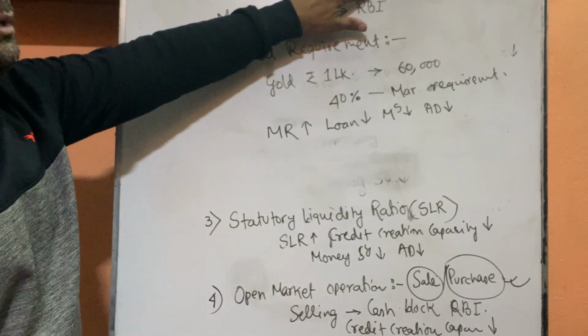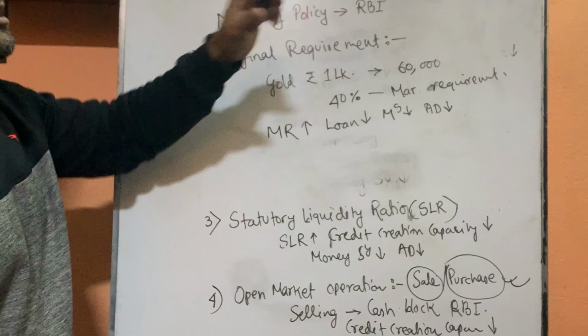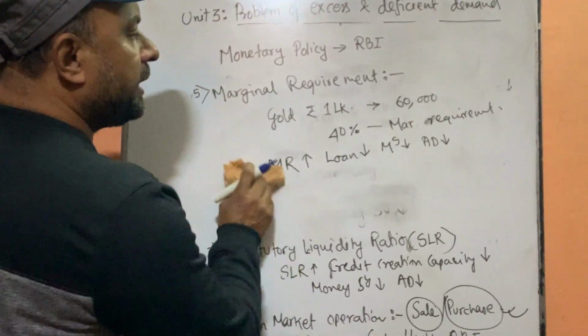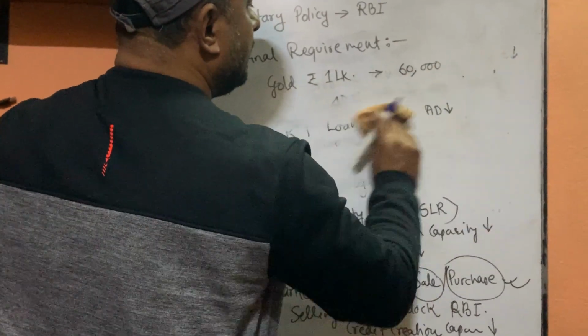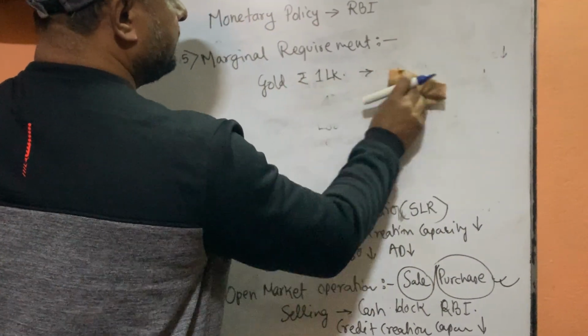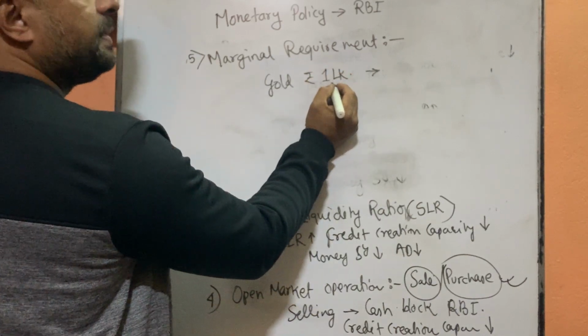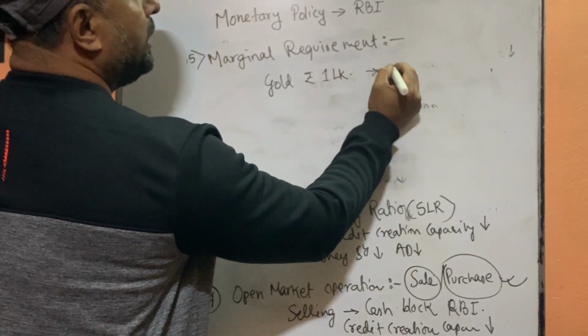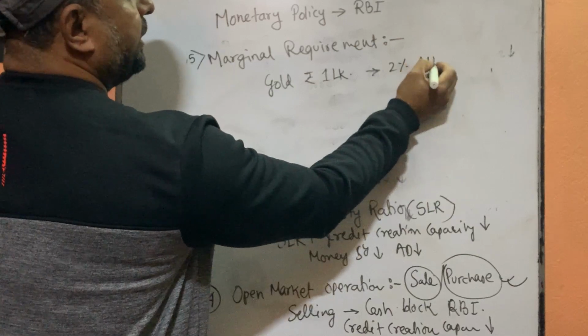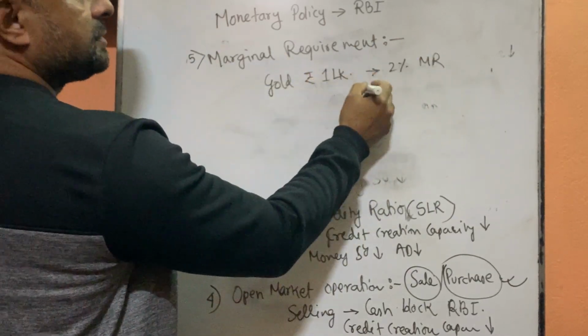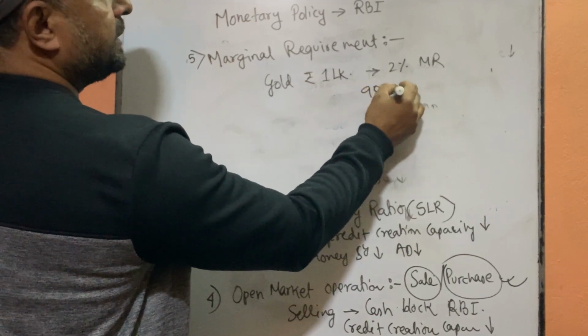The reverse happens in case of deficient demand. Deficient demand means money supply is already less in the country, so the bank tries to increase the money supply. In deficient demand, the bank will say no, not 40%. Now if we keep gold of 1 lakh rupees, you require only 2% marginal requirement. Out of gold of 1 lakh rupees, I will get a loan of 98,000.